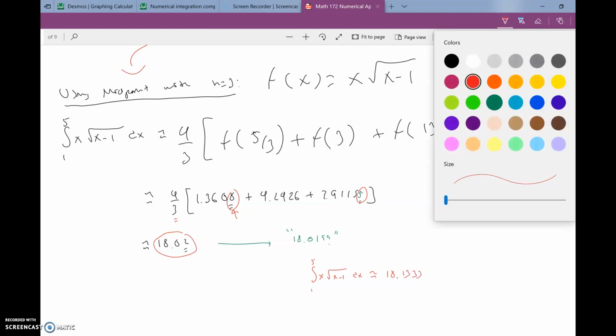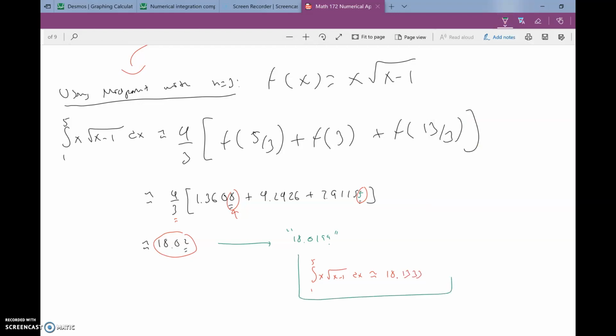That would be if we were to use a very large number of subintervals. In this case, minor discrepancies within 3 to 4 decimal places would be fine. That's just because of rounding. Carry about 4, but for some of the problems it may be adequate to do 2. The instructions will say carry 4 decimal places.